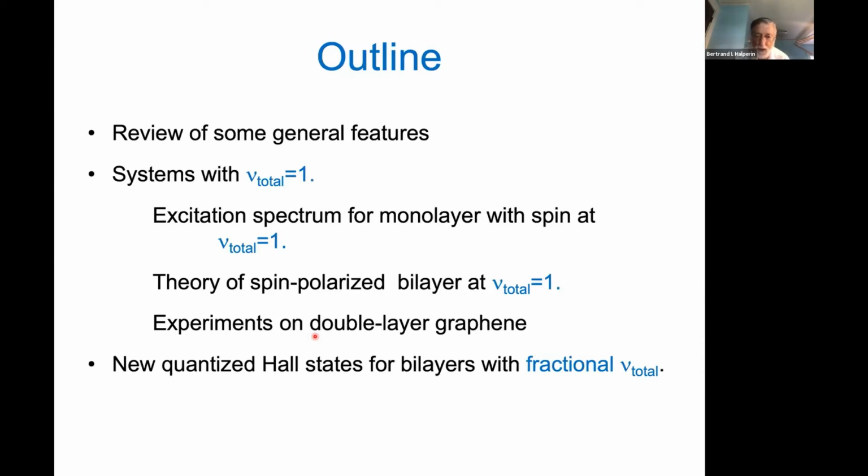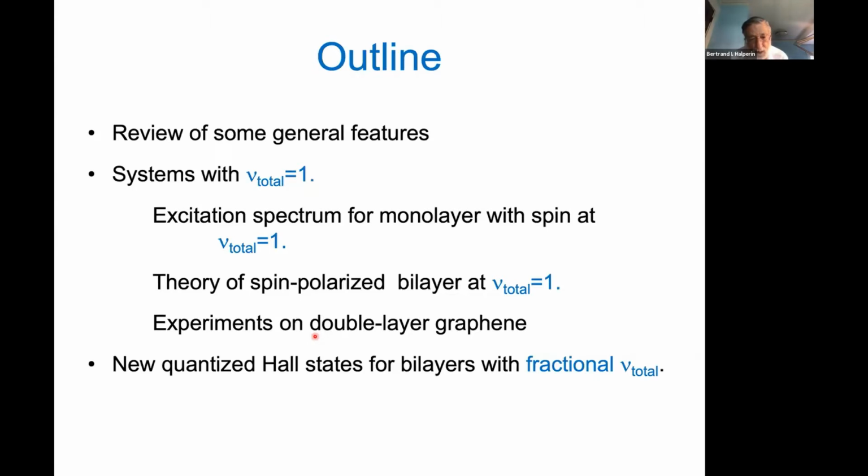You heard some of that this morning, but I'll be following up a little bit on that. Mostly I'll be talking about spin polarized bilayers at nu total equals 1, again, to give a little bit more theory and a slightly different way of looking at things compared with what Jim just told you about.